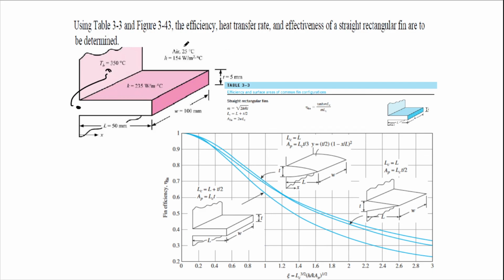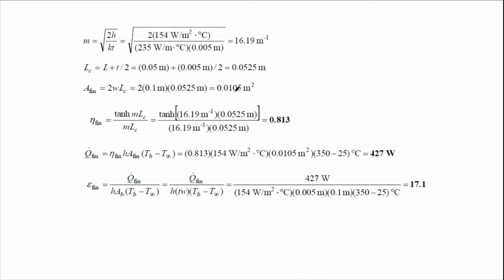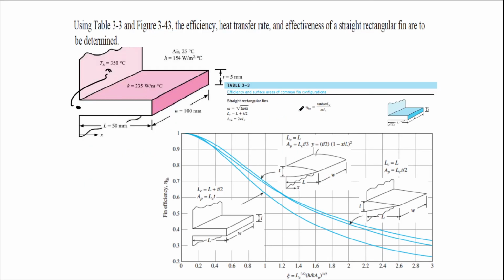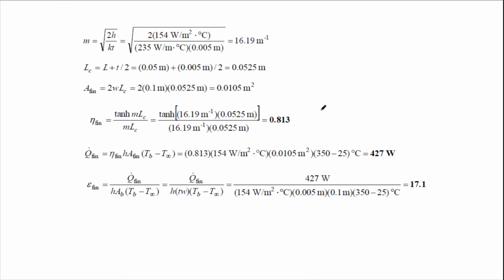The ambient air temperature is 25 with a heat transfer coefficient of 154. The length is 50 millimeter, width is 100 millimeter, and the thickness is 5. From Table 3.3, in this case of a straight fin, we assume it to be an infinitely long fin.